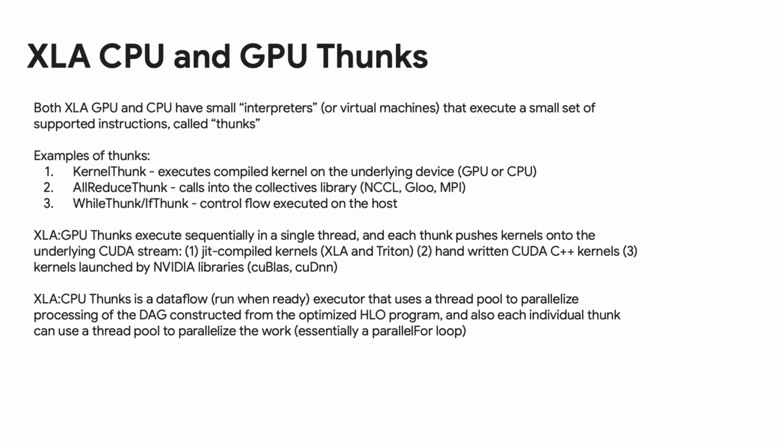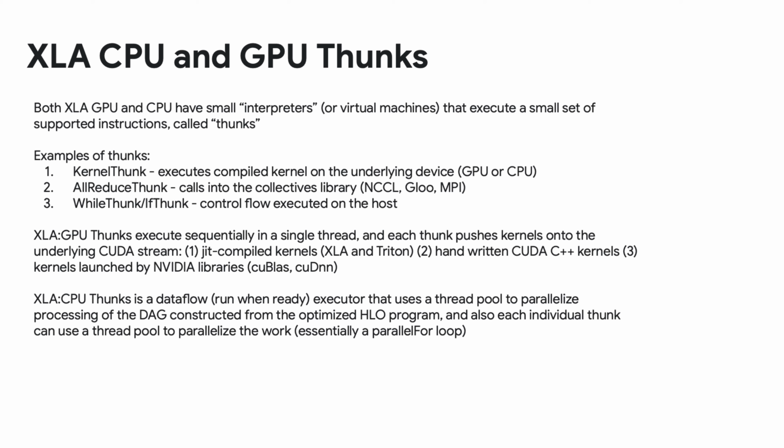So a kernel thunk takes a compiled kernel fusion and launches it on the underlying device, GPU or CPU. A collective thunk does a collective operation: it's NCCL on CUDA, Gloo, MPI, or some in-memory collectives, our internal collectives over DCN on CPU. Then there is the while thunk and if thunk, for control flow. For example, on GPU, the while thunk is implemented by launching a sequence of kernels, transferring the predicate back to the host, and then the host decides whether we should continue the while loop iteration. And the same for case conditionals.